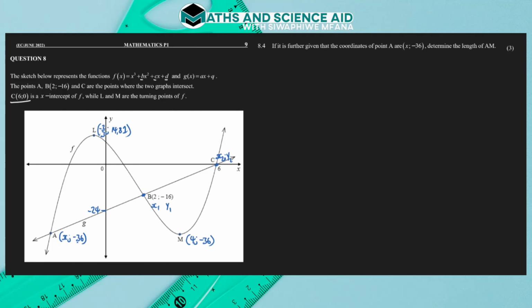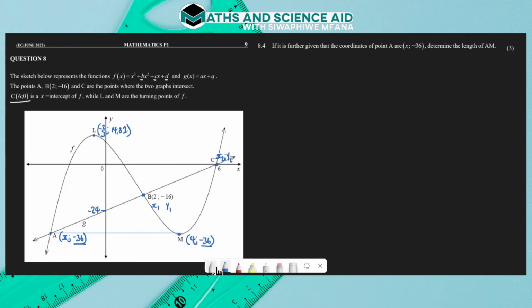And interestingly, this has a y value of negative 36, and this also has a y value of negative 36, meaning that the line from point A to point M is a horizontal line, and we need to work out the length of such a line.